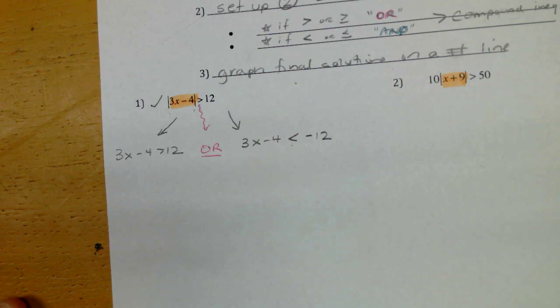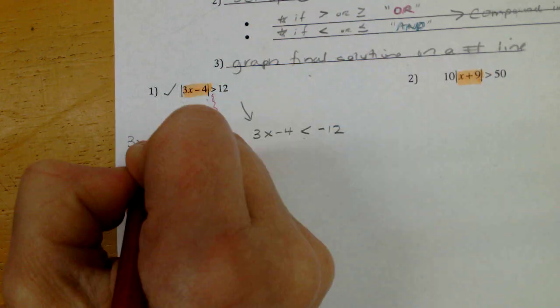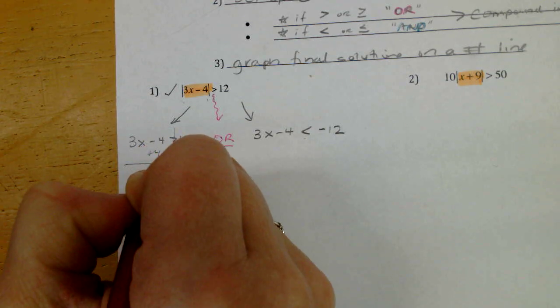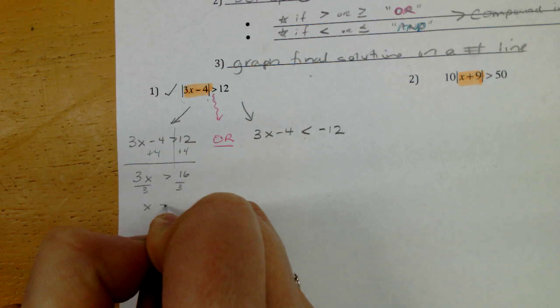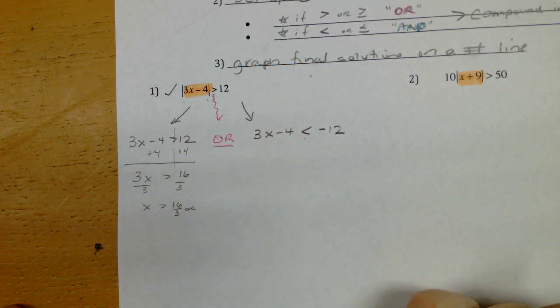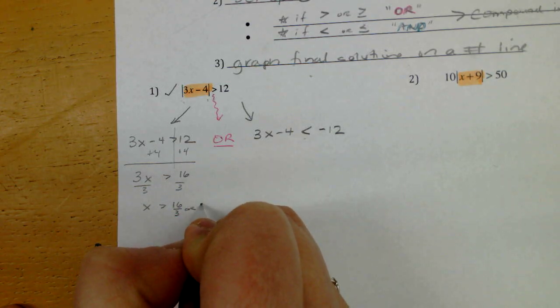So when I'm down here, I can go ahead and solve each of these. I draw my little wall here. I add 4. 3x is greater than 16. Divide by 3. X is greater than 16/3, or if you put it in your calculator, this is approximately 5 1/3.